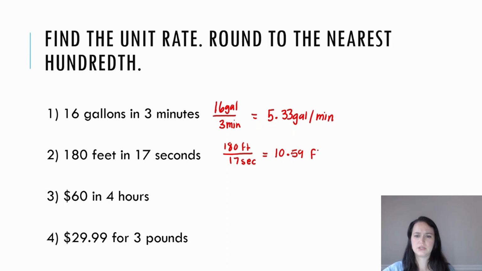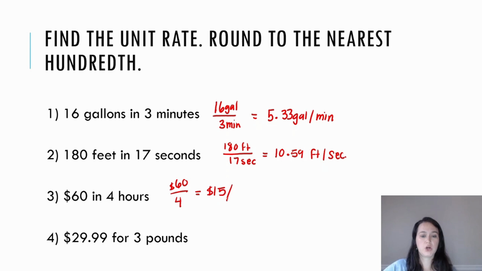And that's feet per second. Cool. And then we've got $60 in 4 hours. So how much is it per hour? Should be 15. Yep. So that's $15 per hour. So remember my slash, that means per. It's like the division bar, it's just written sideways.